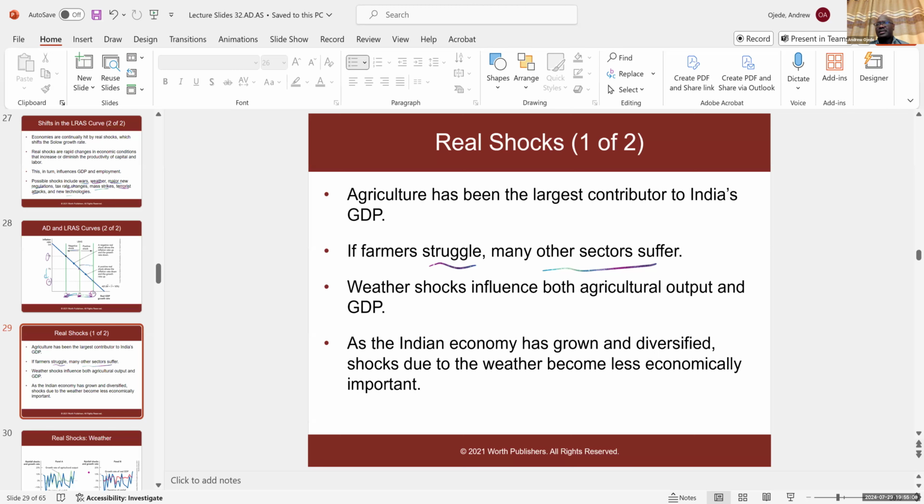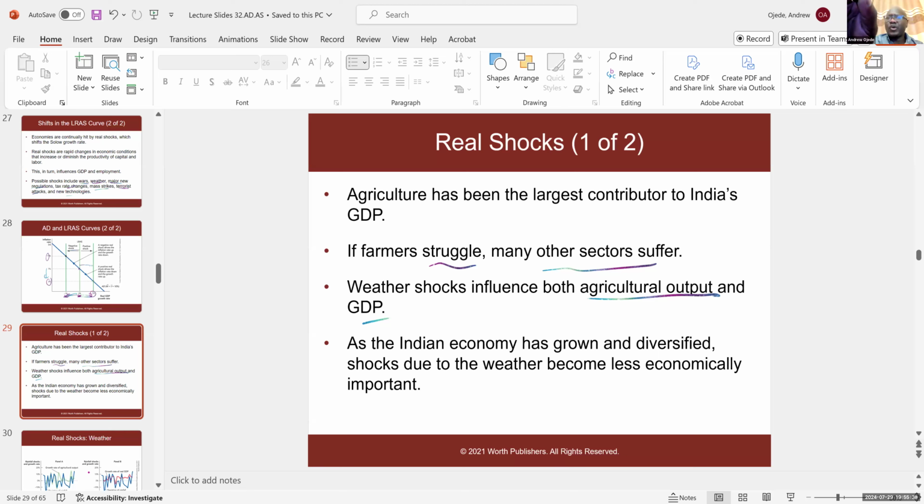And other light processing industries, because there are firms that process agricultural goods to a level that can reach the consumer for final consumption. So if you don't get enough farm output, that is going to trigger tremendous shocks to other sectors of the economy. So weather shocks influence both agricultural output and GDP.